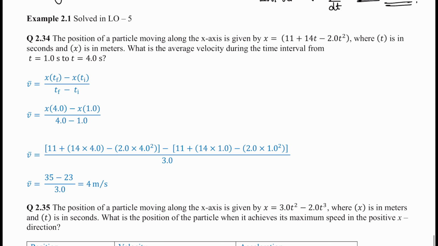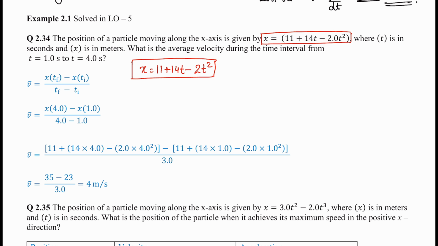Okay. The first question, what you need to understand. The position of a particle moving along the x-axis is given by... So what is given here? Displacement. Simple thing. If displacement is given, x equals 11 plus 14t minus 2t square. So we can solve velocity, we can solve the acceleration.